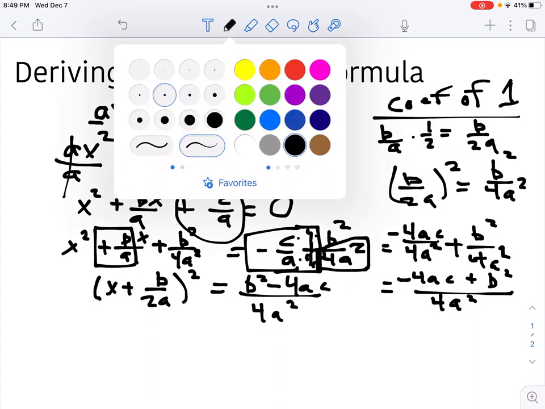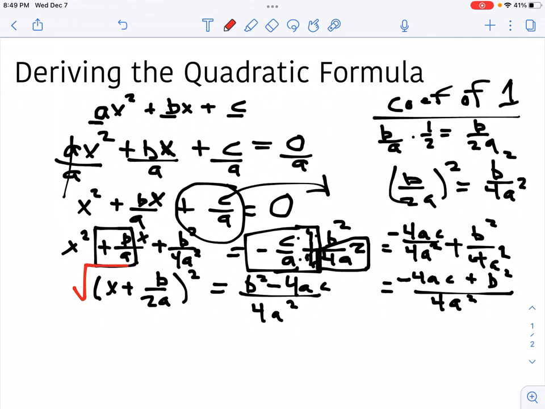So next step is we're going to take the square root of everything. I'm going to switch colors here. We're going to take the square root of this side, and the square root of this side. And then you're going to start to see this thing take shape, right?